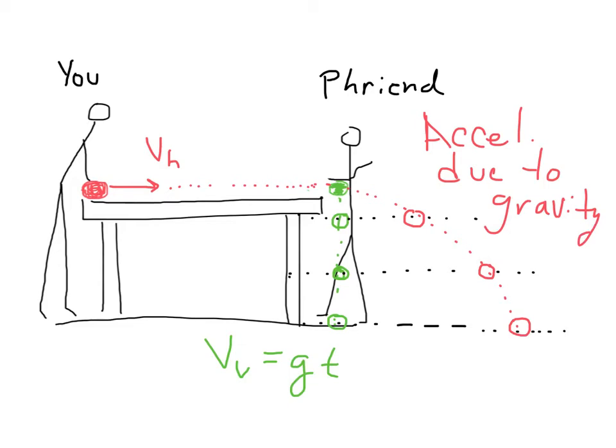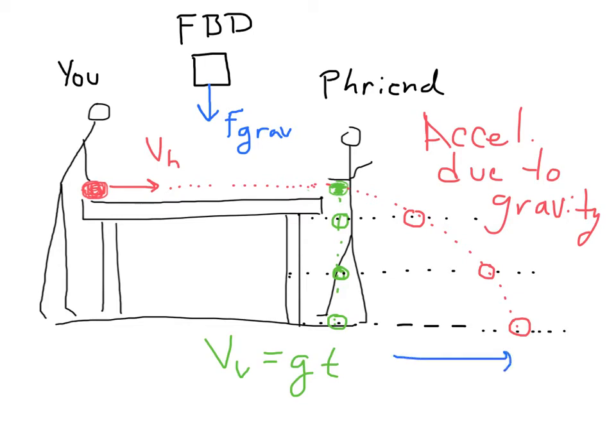And what we said is that if we drew a free body diagram of any projectile, it's just going to look like this. And it's going to have the one force vector going down, and this is going to be the force due to gravity. In other words, its weight. So that's why when you roll your ball off the table, it will have some horizontal velocity, which is what's going to determine how far over it goes.